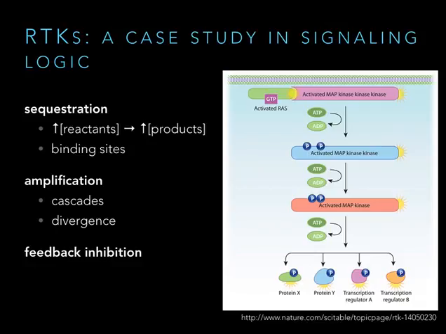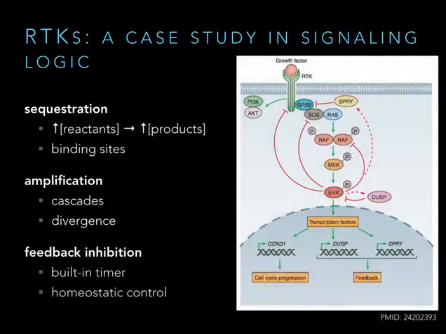It might activate 3 transcription factors or just the one. So you can get this amplification. You can also get many, many different targets affected by the divergence. And then finally, often forgotten is the feedback inhibition, right? That homeostatic controller that must be present in any signaling pathway.